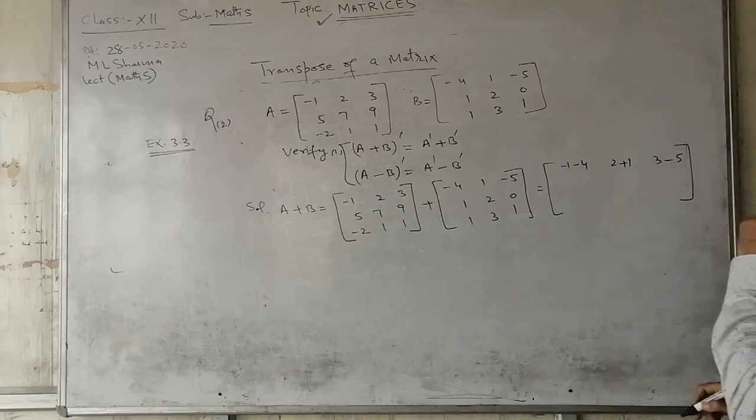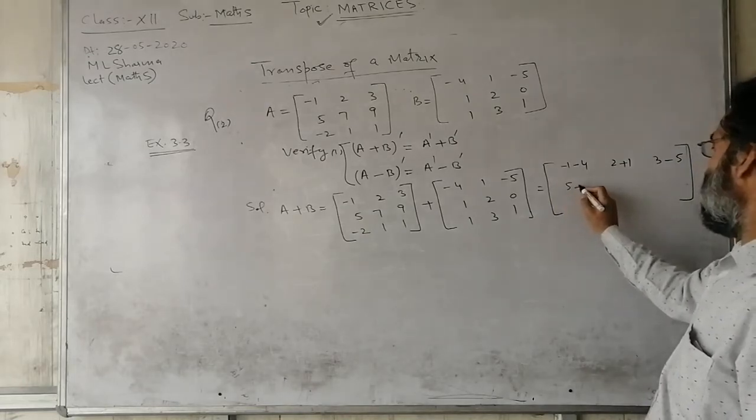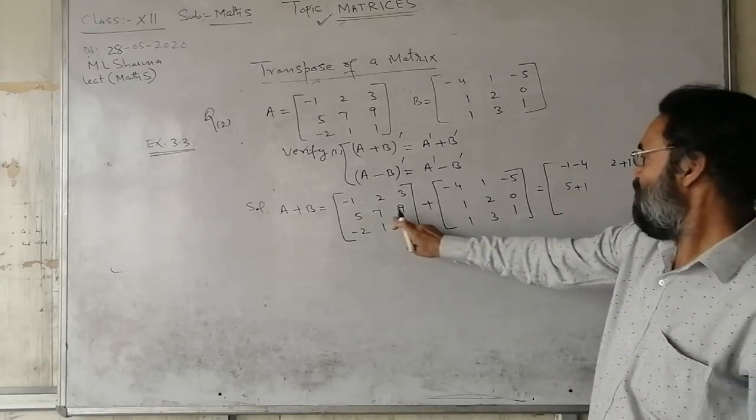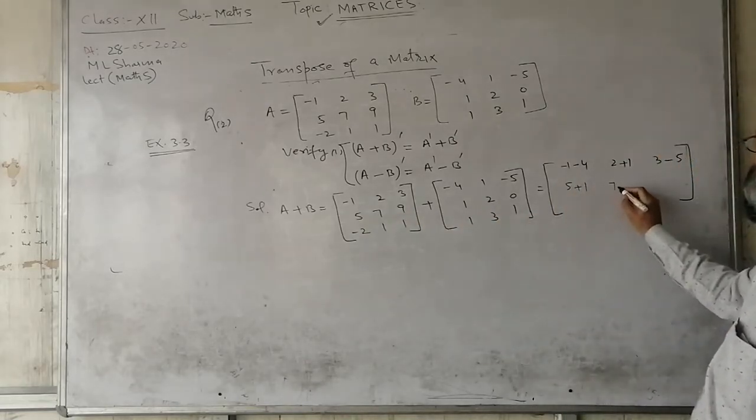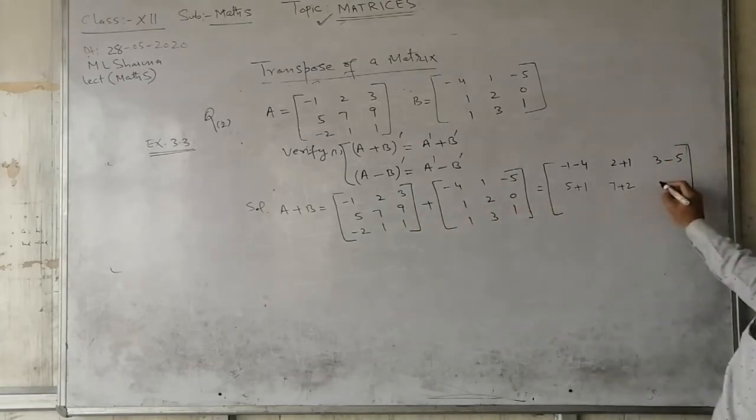So first row elements, then second row elements: 5 plus 1, 7 plus 2 and 9 plus 0.